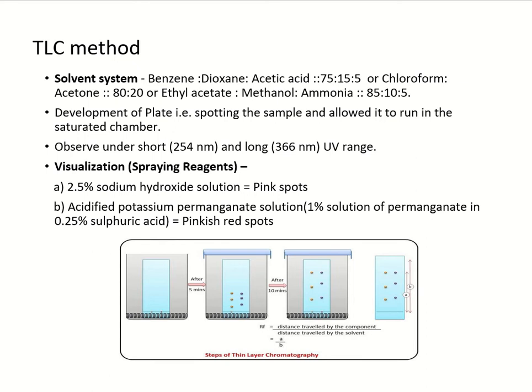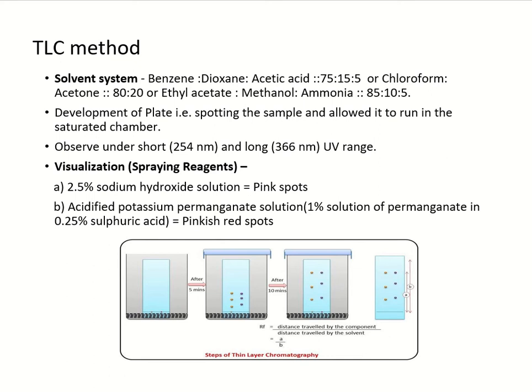The development of the plate. First, the TLC chamber is saturated. It is kept undisturbed for 15 to 20 minutes, and then the TLC plate spotted with the sample is placed in the saturated chamber, the lid is covered, and it is allowed to run. The observation is done under short and long UV range.